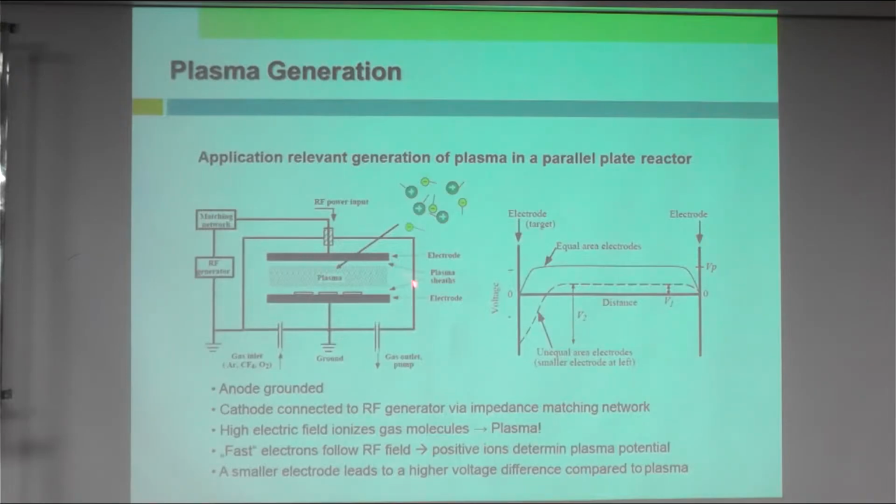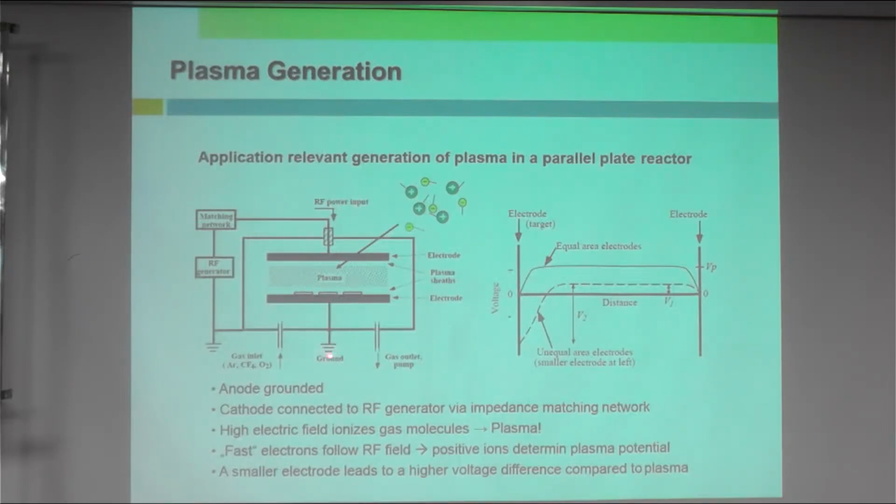So for the plasma generation, in order to use plasma etching, we have to generate plasma. The application is the generation of plasma in a parallel plate conductor. You have two electrodes, then you have a plasma sheath here. Then you can form plasma using RF, radio frequency power input.